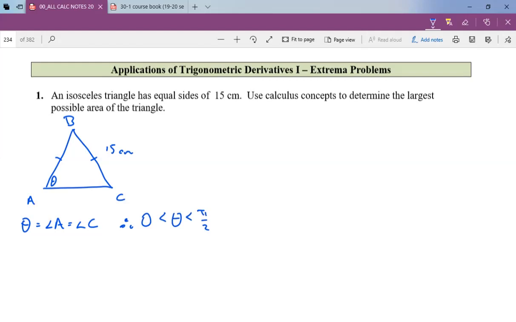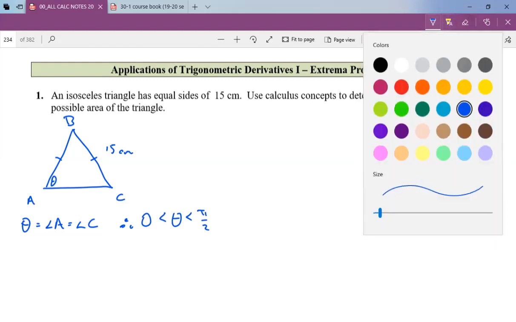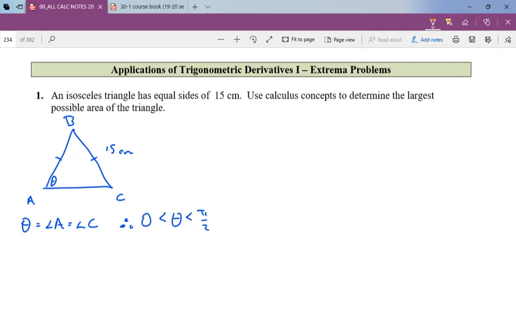All right, so what we notice from here is if we are dealing with area, that means we are going to have to look at the height of this. If I bisect that angle B, this is a right angle. Let's call this point D. We know that there is a relationship between this angle and these side lengths.